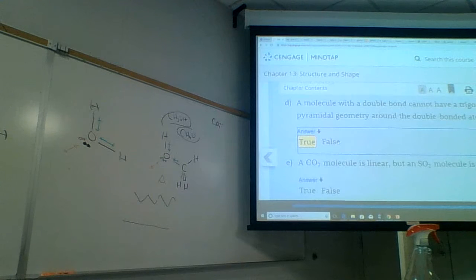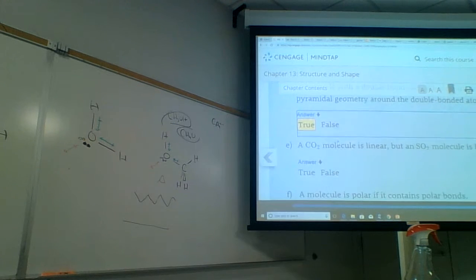It depends on if we expand the octet or leave the octet. So if we expand the octet, then this would have to be trigonal pyramidal with double bonds. Expand the octet, so now it's false. It's because they restrict it to not expanding the octet. This is not a good question.